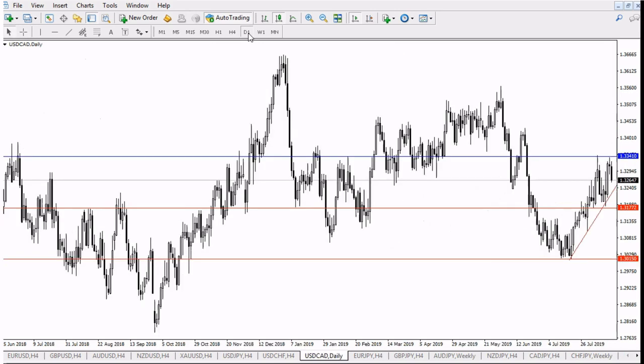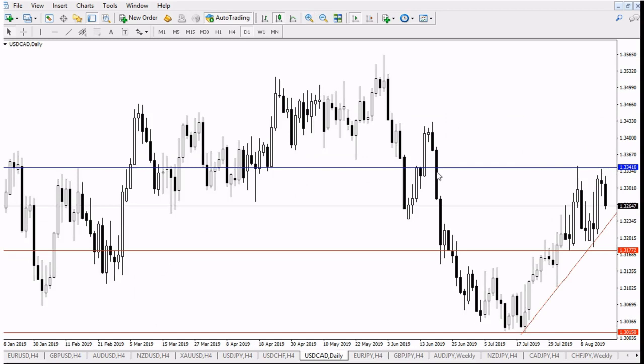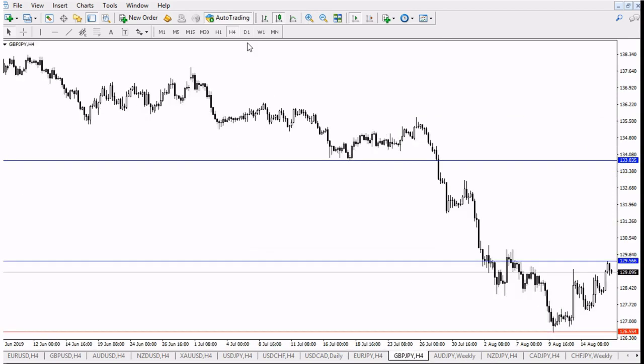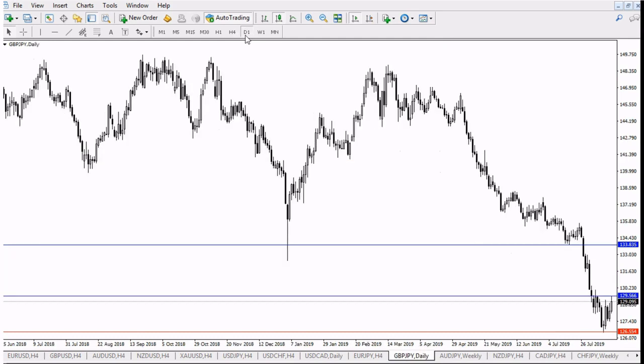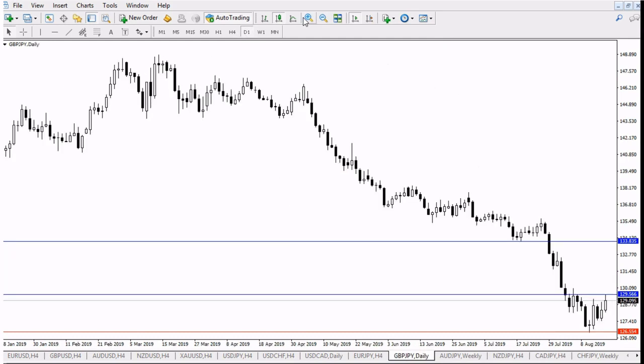So I'm still a strong bear on the USD CAD, and this level from the daily time frame still confirms my bearish view.